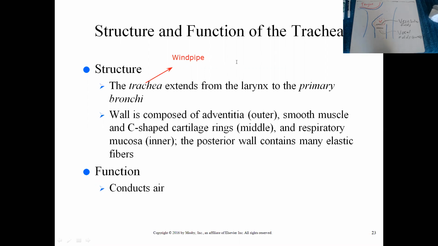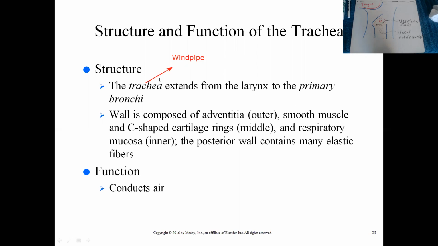And for the trachea, structurally not that complex. The trachea is basically just a tube, just a straight tube. It has a few layers of tissue. Adventitia, that's mainly connective tissue on the outside.